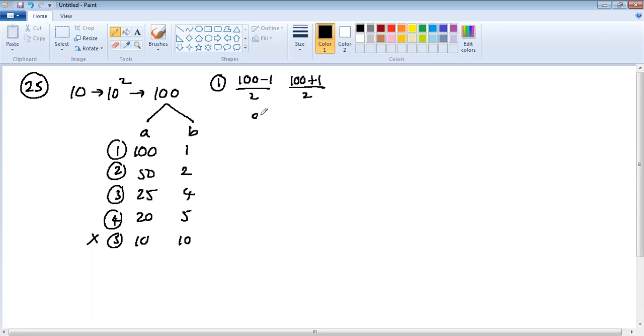This is 99 upon 2, this is 101 upon 2. This will be 49.5, this will be 50.5. It's very clear with this. So the first triplet is 10, 49.5, 50.5.